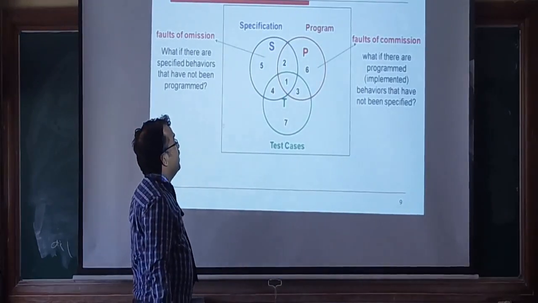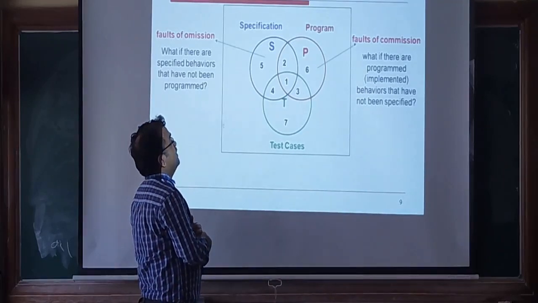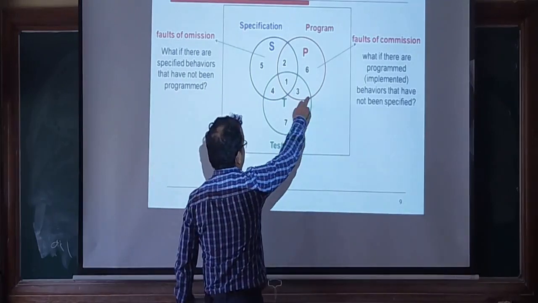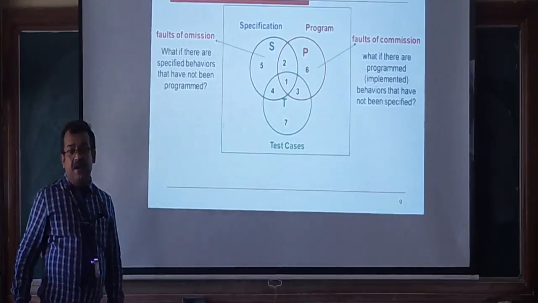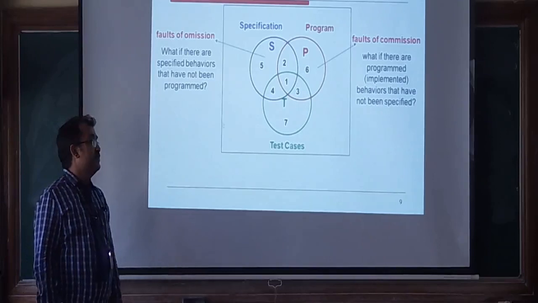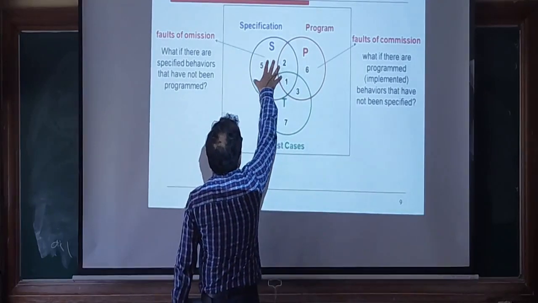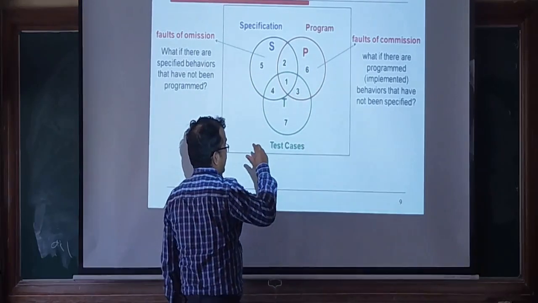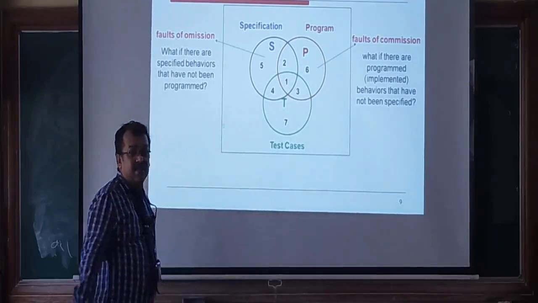So these are different parts. Similarly there is a region 3 which is programmed and tested but not specified. So there may be different parts of the test cases which may be identified as belonging to the specification, the program or the test case. So our objective in better system testing is to make the part indicated by 1 as large as possible.